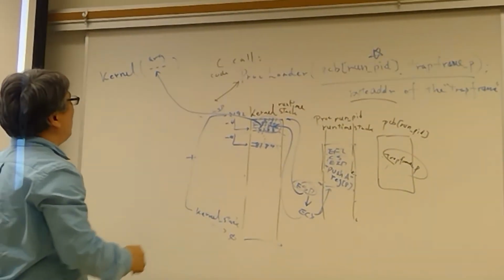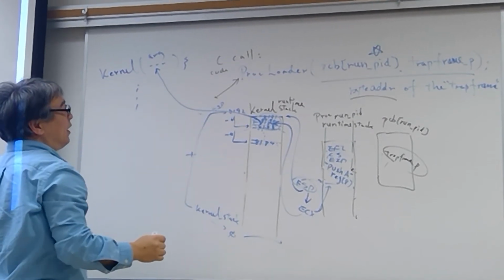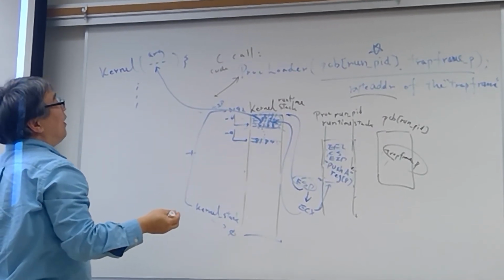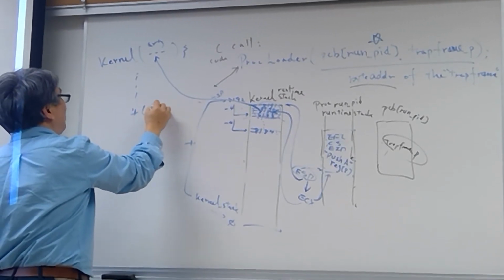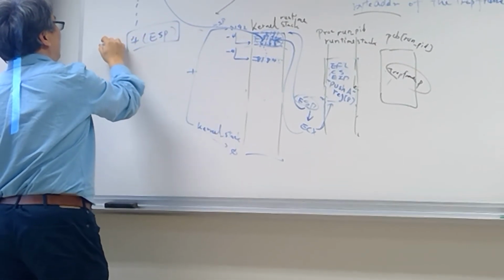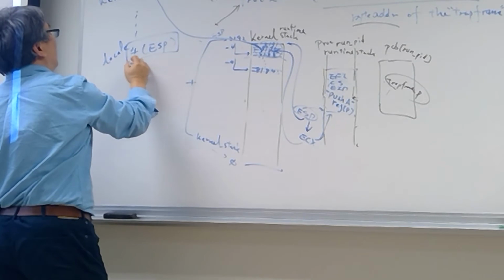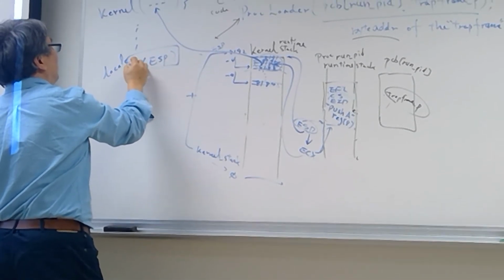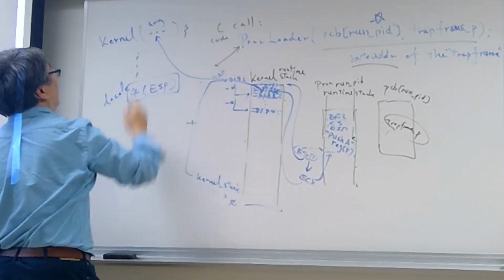When you have a C function written with an argument, it's compiled to obtain that argument from the top of the ESP, 4 bytes. The location of this argument is 4 bytes above the stack pointer.